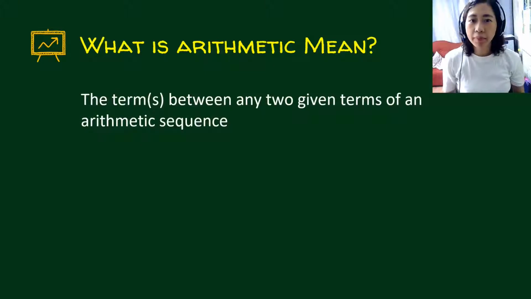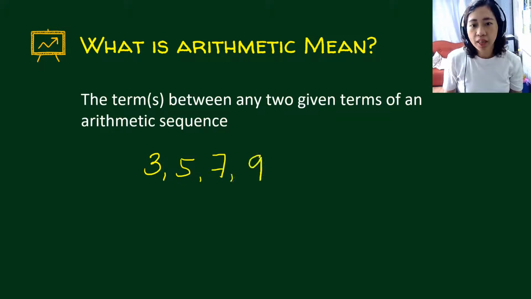Okay, ano bang ibig sabihin natin ng arithmetic mean? So, it says here that it is just term or terms between any two given terms of an arithmetic sequence. So, for example, meron akong arithmetic sequence na, kuha tayong madali lang, kunyari, 3, 5, 7, 9. This is an arithmetic sequence, diba?